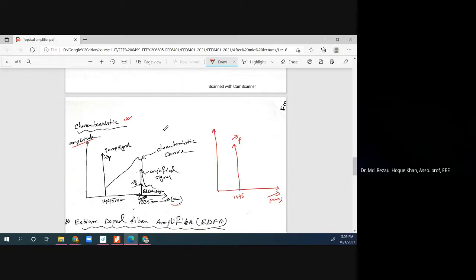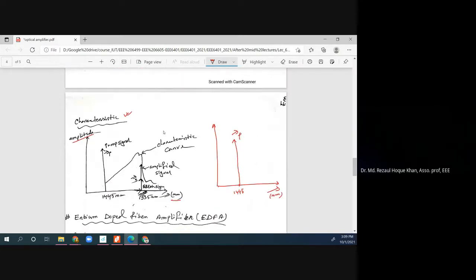Where will it release its energy? It will release energy at 1535.